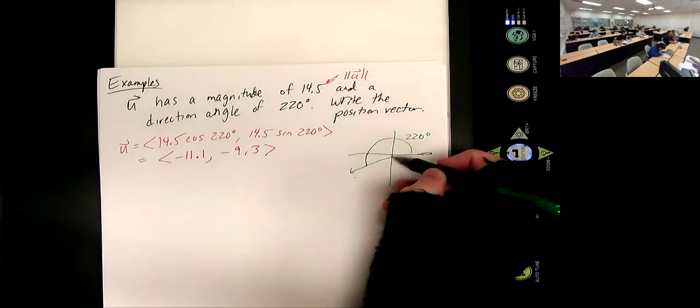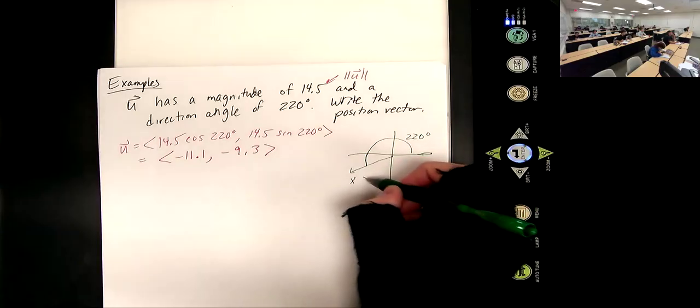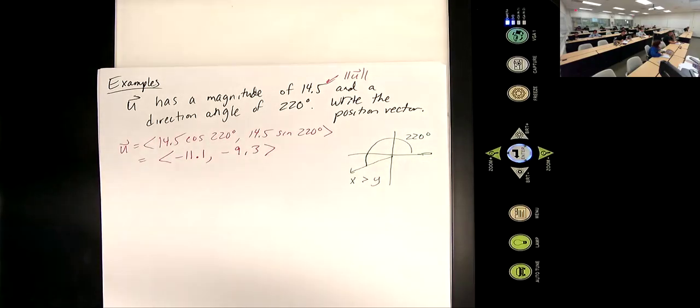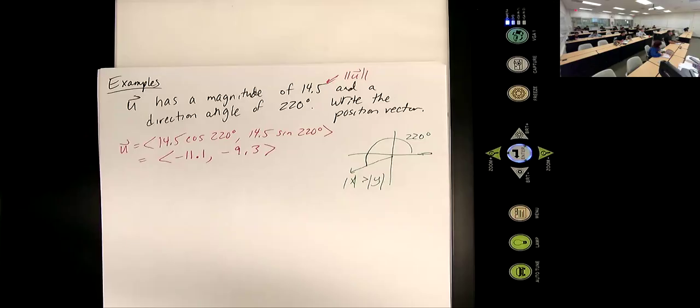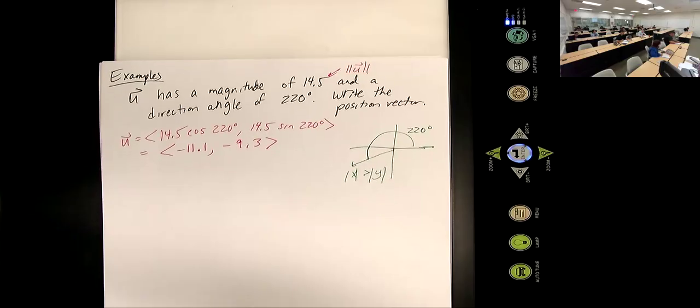And since it's 40 degrees, the absolute value of x should be bigger than y. At 45 degrees they're going to be the same, so since this is close to 45 degrees, they're close together, one bigger and one smaller. That seems right.